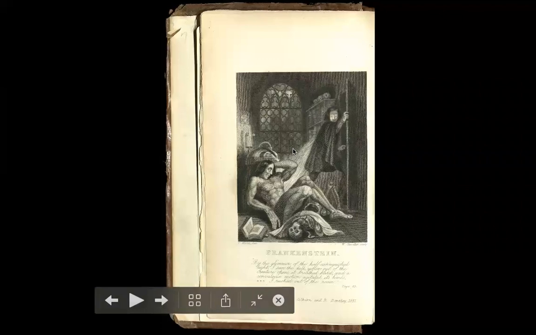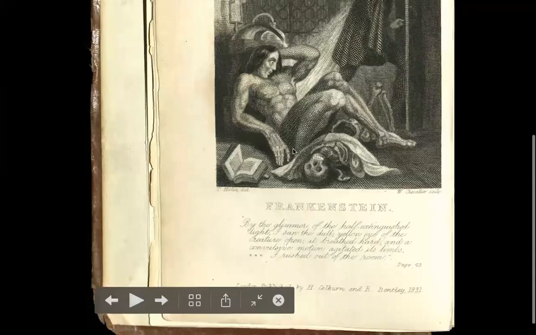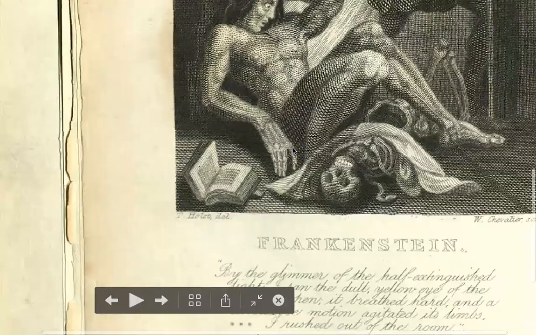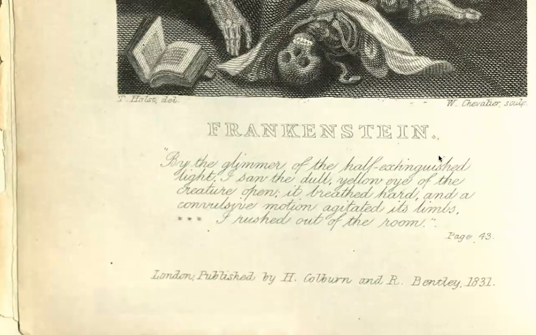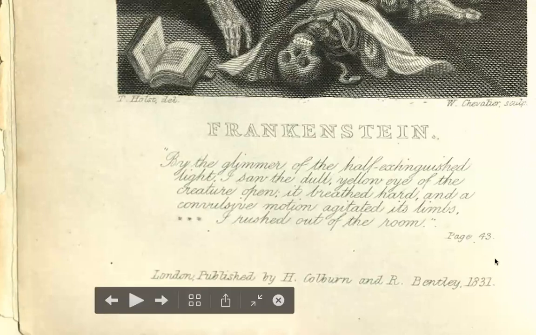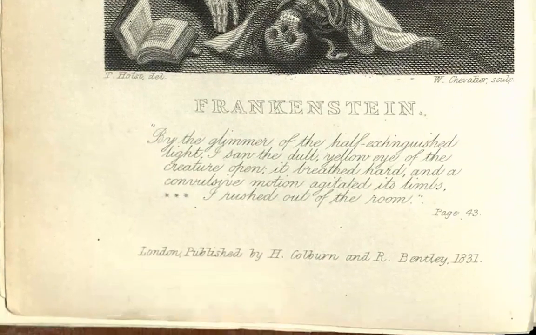And I pose this issue because, as you can see here, this is the frontispiece, or image facing the title page, of the 1831 edition of Mary Shelley's Frankenstein, a novel that I periodically teach. It was first published in 1818.